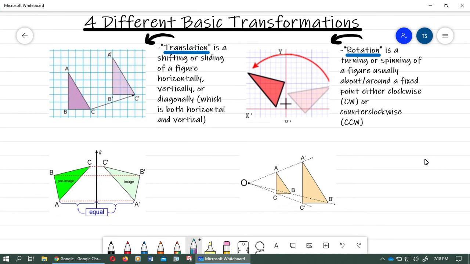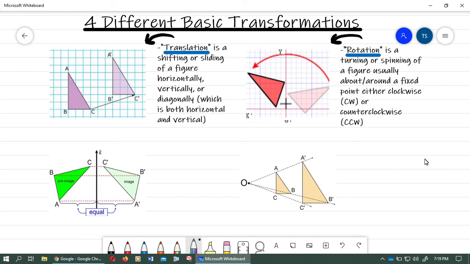All right, so again, guys, that picture there with the red triangle shows a rotation. And again, that's a turning or spinning of a figure. And that turning or spinning is usually about or around. Now, guys, sometimes they may use the preposition about, and sometimes they may use the preposition around. Yes, I know what a preposition is.